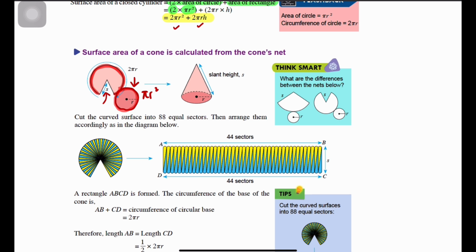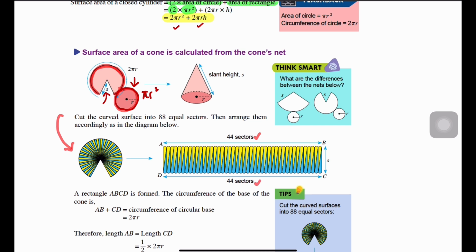Dan macam mana nak cari luas dia? Tengok di sini, kita akan tengok arahan dia. Cut the curved surface into 88 equal sectors, then arrange them accordingly as in the diagram below. Kalau awak potong dia menjadi 88 equal sectors, bila kita bukakan dia, dia akan jadi bentuk macam ni, di mana 88 tadi akan terbentuk 44 di atas, 44 di bawah.